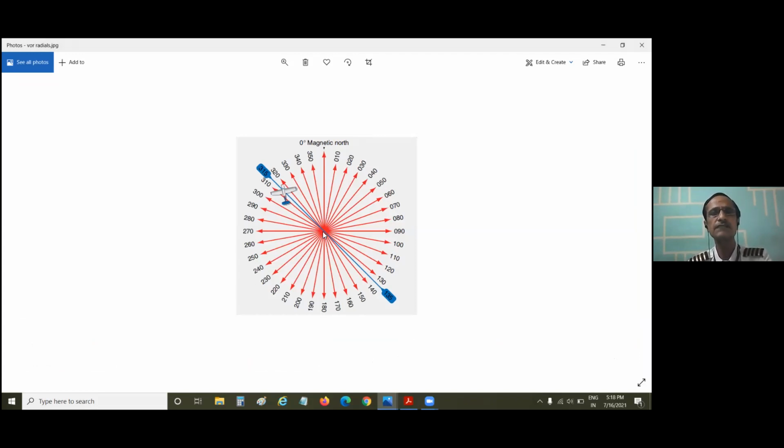This second signal which we produce has a tendency to rotate clockwise. It will start its transmission from magnetic north, rotate and go to the 001, 002, 003, 004 antennas. It will travel through all 360 antennas, energize all of them, and come back to the magnetic north.